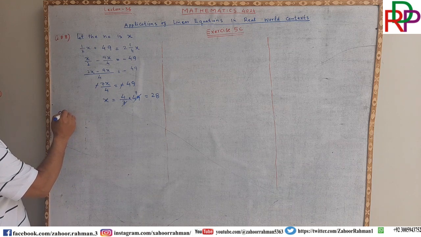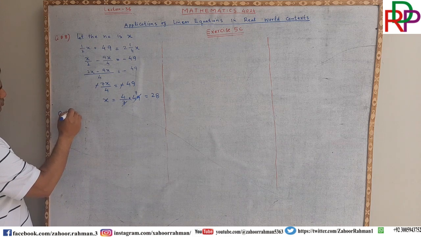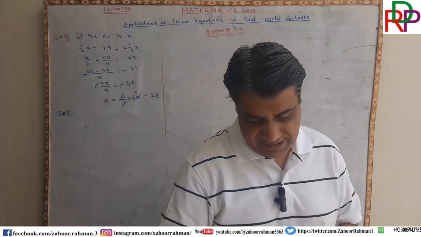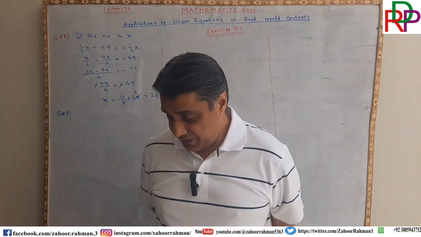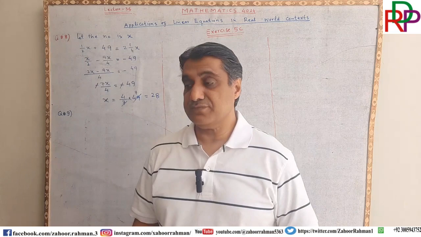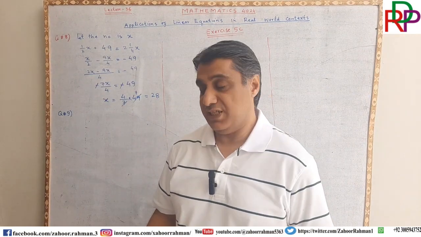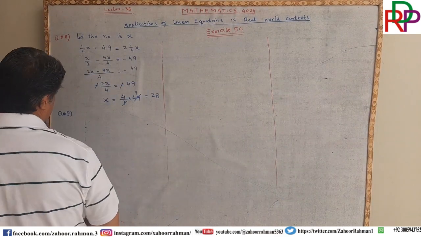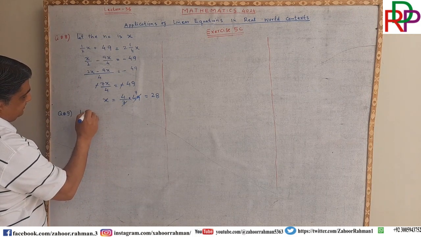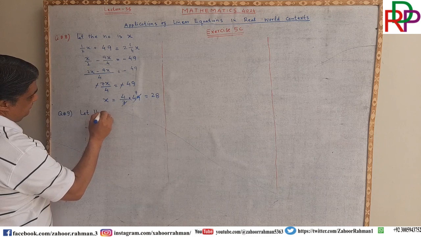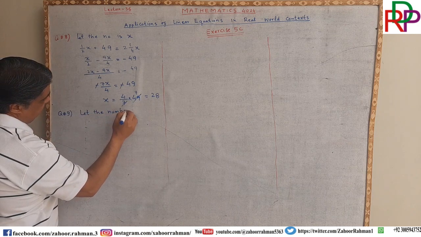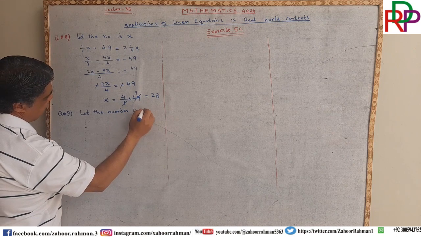Now we are turning our focus to question number 9, and that is saying that when a number is multiplied by 4, which number? That number is not known, so let us take it as x. Let the number be x.